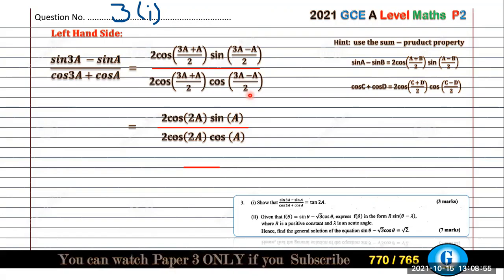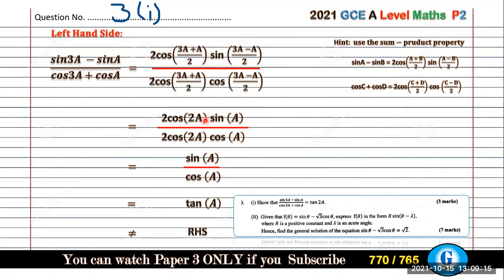But now cos 2a and the 2 will cancel out, and we'll be left with sin a over cos a. You actually see that with this question, this is equal to tan a and not tan 2a. So you have to emphasize in your response that this is not equal to that.